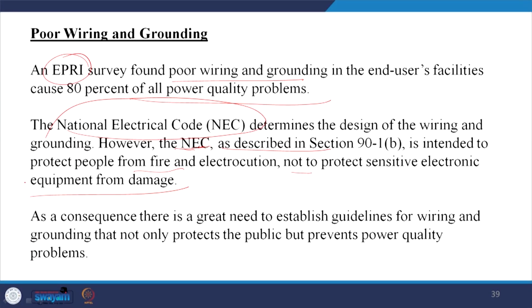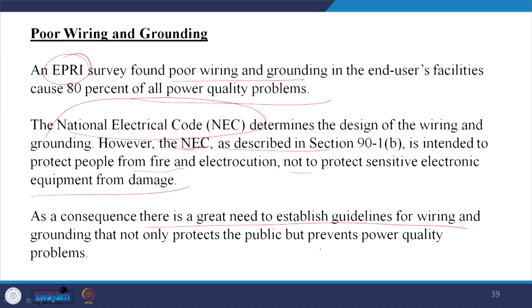Wiring should be such that electrocution does not happen. Whenever you touch an equipment you should not get a shock, but it is silent about harmonic distortion or any other issues that may damage your complicated electronic circuits. That is not in the domain of this national code.